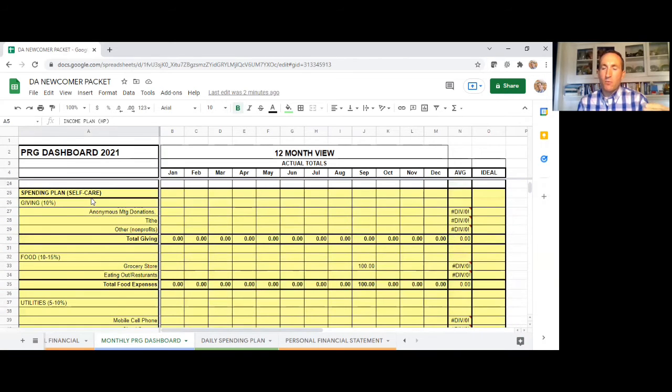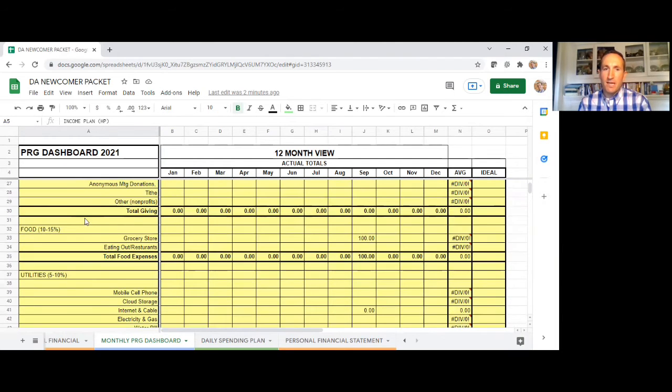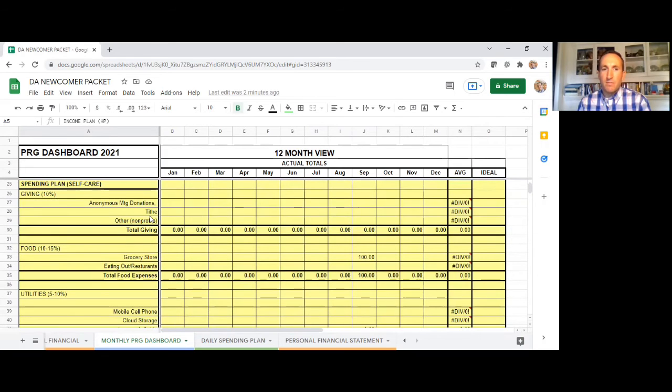Steps 4, 5, and 6 are all about self-care. That goes right in line with the spending plan, okay? We're going to take care of ourselves by giving to anonymous meeting donations, giving to our church or other nonprofits. But I like to use a rule of thumb of 10%. I don't try to donate more than 10%.